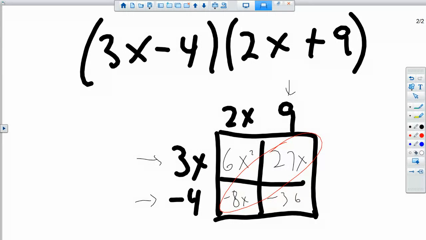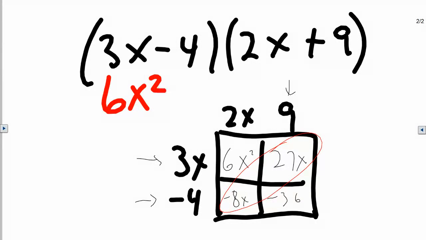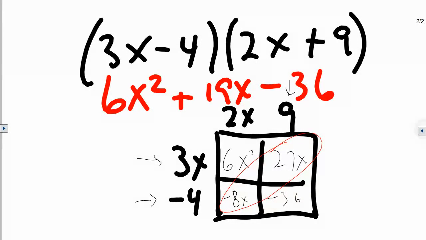So our final answer is going to be 6x squared, that's the first term, 27 minus 8, which is 19x, minus 36. So that's our final answer for this problem, 3x minus 4 times 2x plus 9. So that's a second method, using a box like this to be able to get our answer.